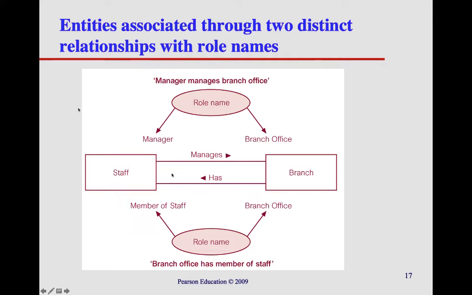You can also have two-way relationships. These aren't recursive, it's just you have a relationship in each direction. So here I have staff manages a branch, and a branch has staff.